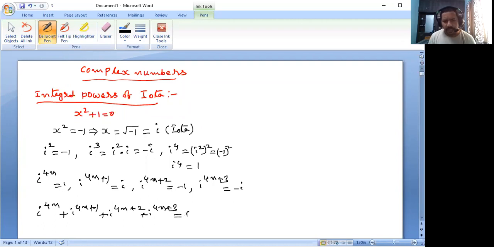The sum of the terms is 0 or not? So finally I am writing i power n plus i power n plus 1 plus i power n plus 2 plus i power n plus 3 is equal to 0, where n belongs to capital N.